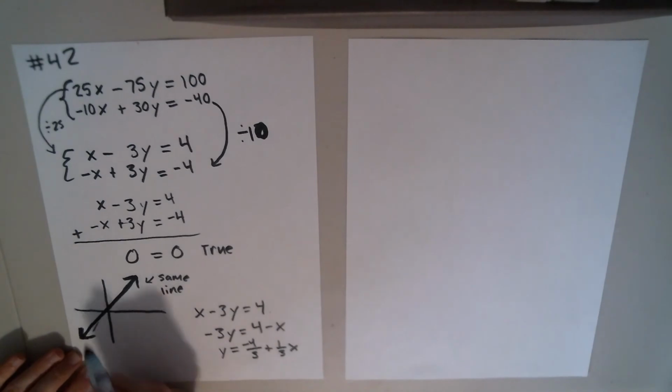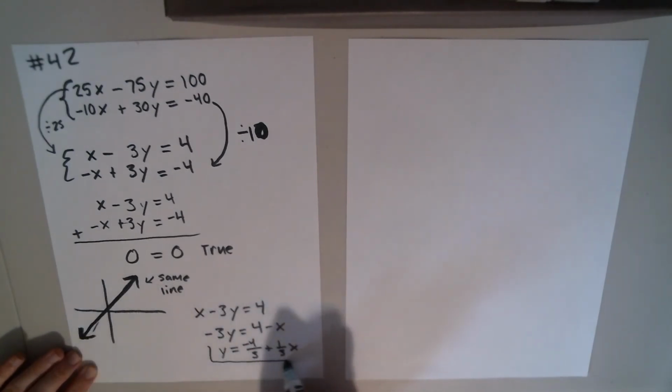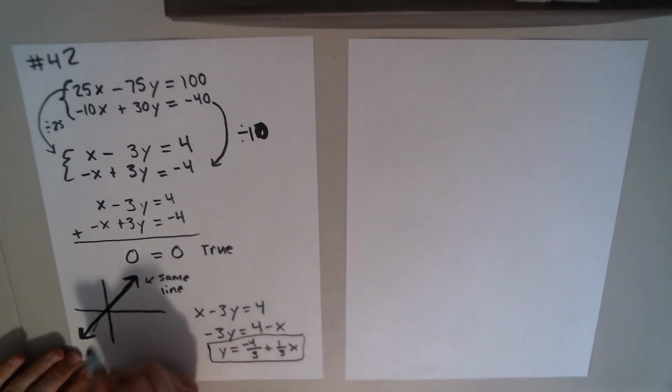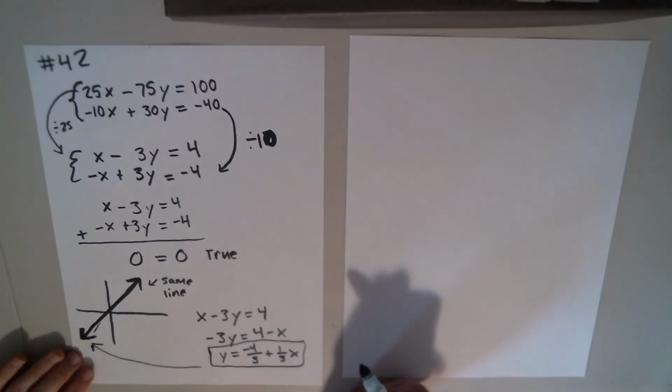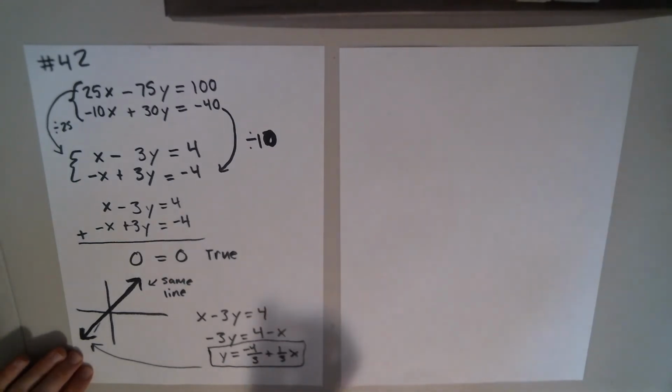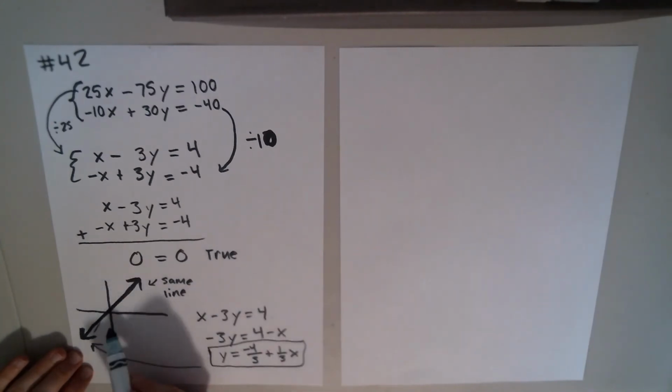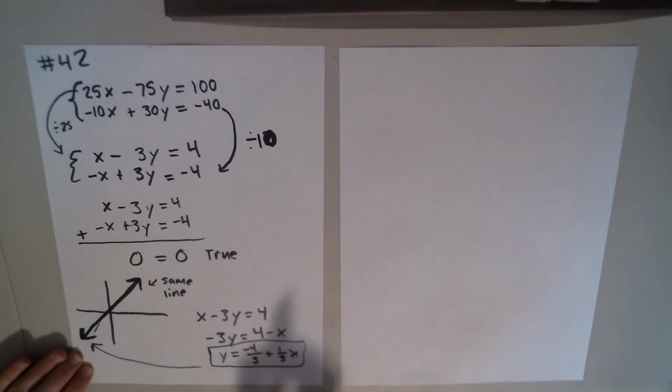So that is the actual equation of this line, okay? So that represents all the points on the line. So how I would write my final answer is, the x coordinate can be whatever I want it to be, but the y coordinate will be given by this equation right here.